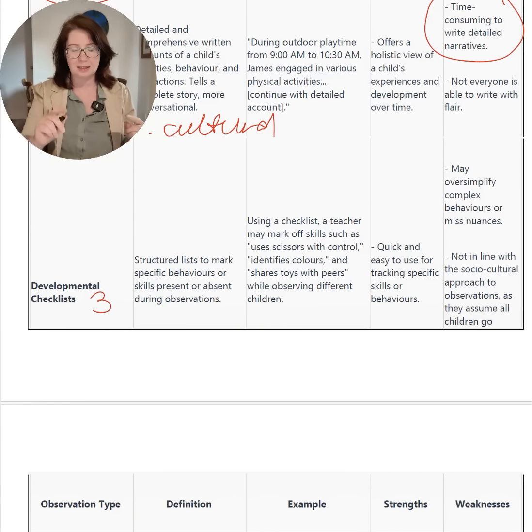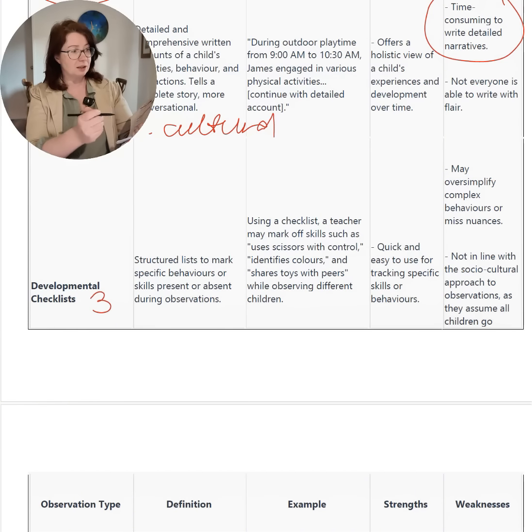So that is the developmental checklist type. It is strengths-based, but it still is developmentally focused. And some people who like the social cultural approach say that it's not modern, yet it does help to respond to one of the key concerns of developmental delay.